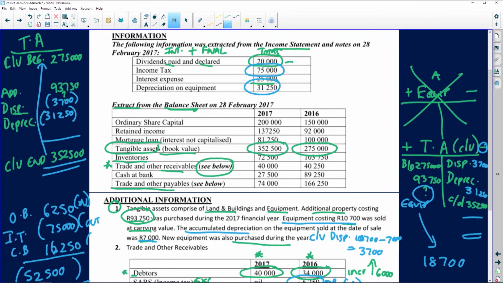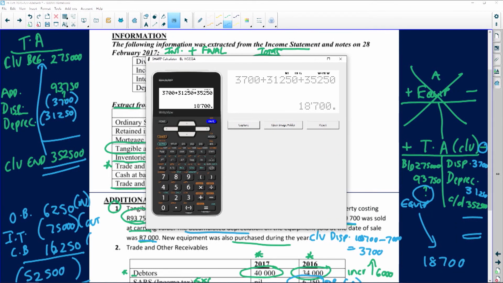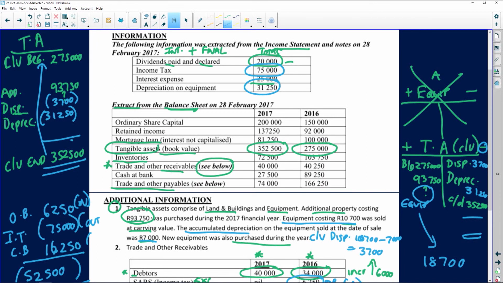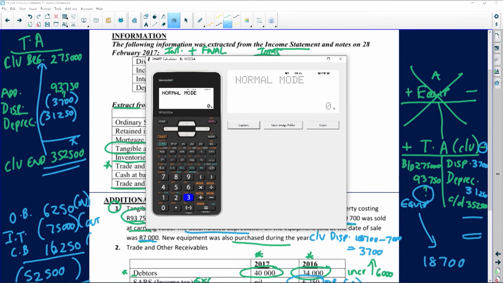So in the note, remember, we're doing the same calculation, but now slightly differently. So I'm starting at the bottom. So at the bottom, I'm obviously referring to this amount here. So at the bottom, let's begin. Okay, 352,500. Depreciation was subtracted, so it must be added. So plus 31,250. Okay, disposal was subtracted, so it's got to be added, 3,700.